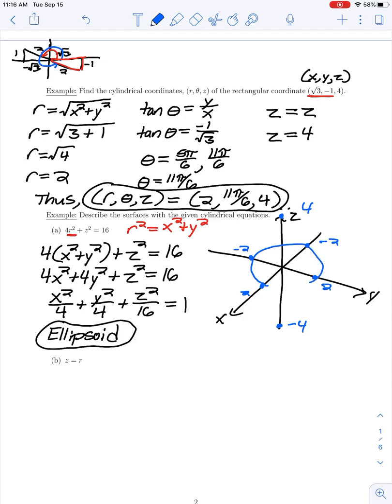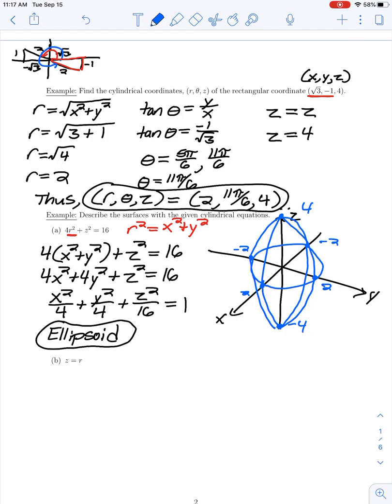In the xy plane, it happens to be a circle since the intercepts are the same. In our yz plane, we have the ellipse that looks something like the following. And in our xz plane, we have an ellipse that looks like the following. So that's a rough sketch of our ellipsoid, but we can get a visualization of what this looks like.